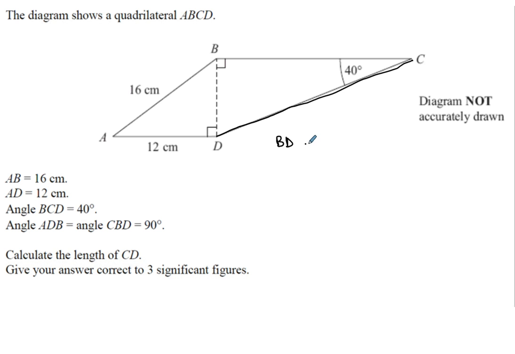Okay, so BD, and because that's your hypotenuse, that's the longer side, so we're going square root of 16 squared minus 12 squared. And you get 10.58. And again, that's less than 16, so we know it looks reasonable. So we've got 10.58 centimeters.